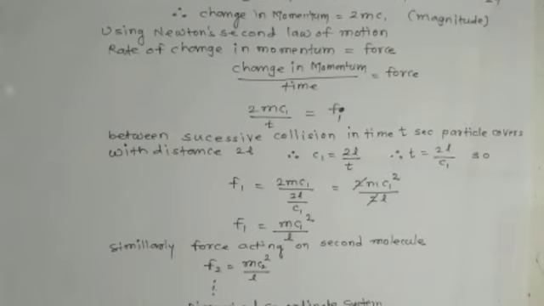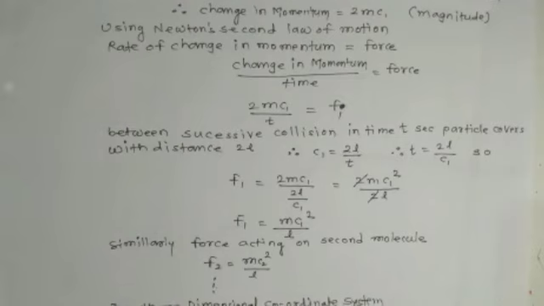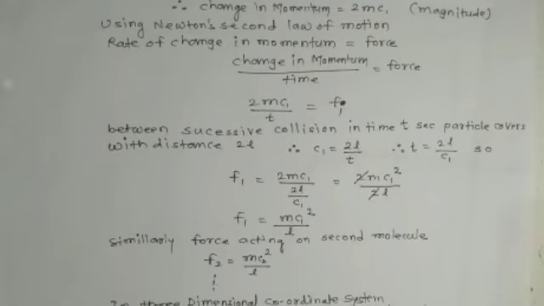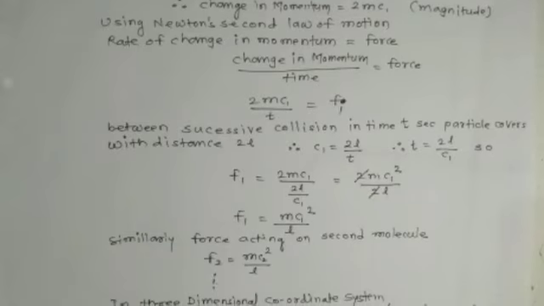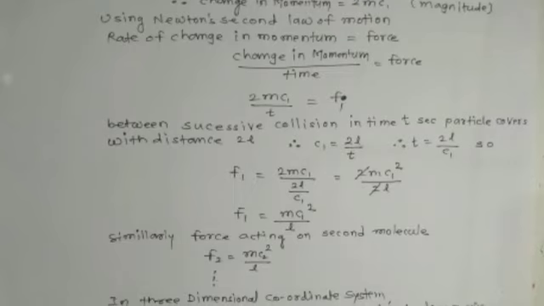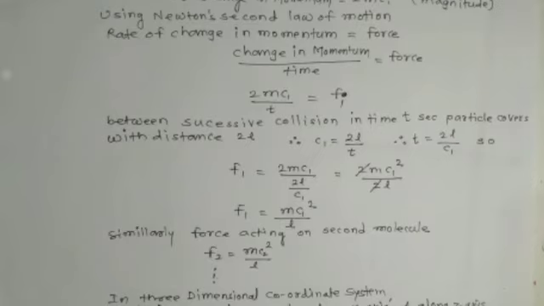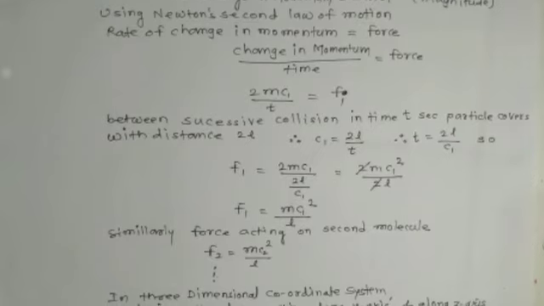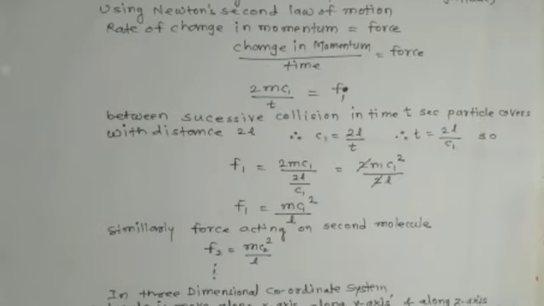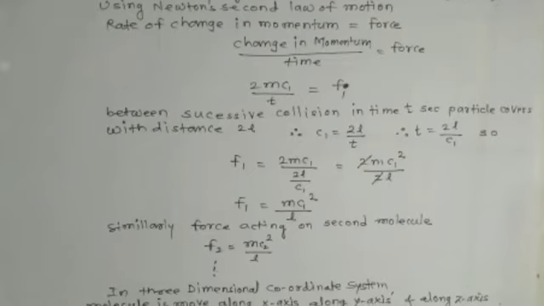Therefore, the change in momentum is 2mc1 in magnitude. Using Newton's second law of motion, the rate of change of momentum is equal to force. So change in momentum upon time equal to force, therefore 2mc1 upon time t equal to force F1. Between successive collisions, in time t second, the particle covers a distance 2L.